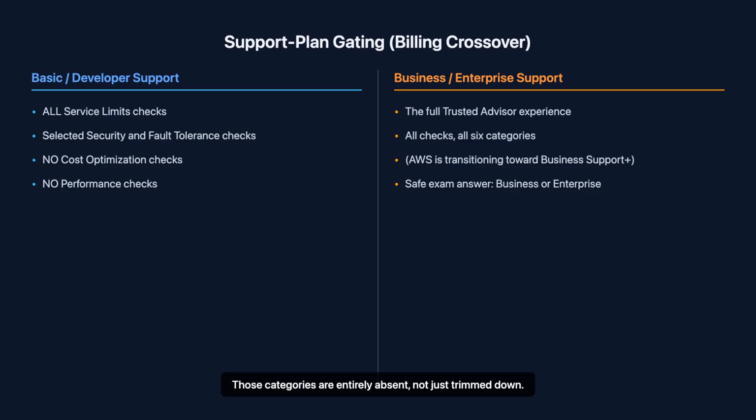Those categories are entirely absent, not just trimmed down. To unlock all checks across all 6 categories, you need Business or Enterprise support. Amazon Web Services is gradually transitioning the names toward Business Support Plus, but for this exam today, the safe answer is simple. The full Trusted Advisor check set requires Business or Enterprise support.